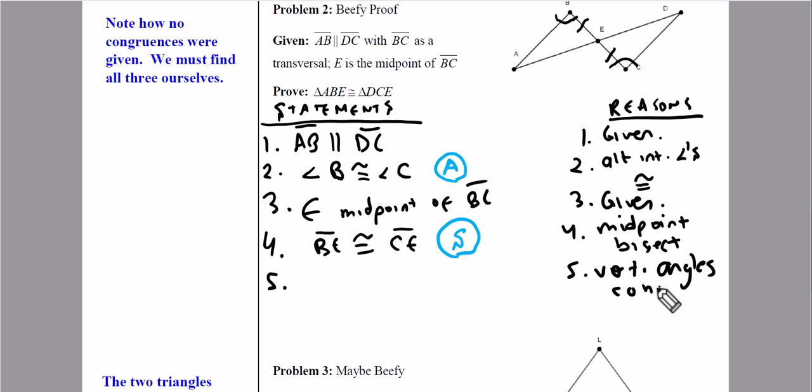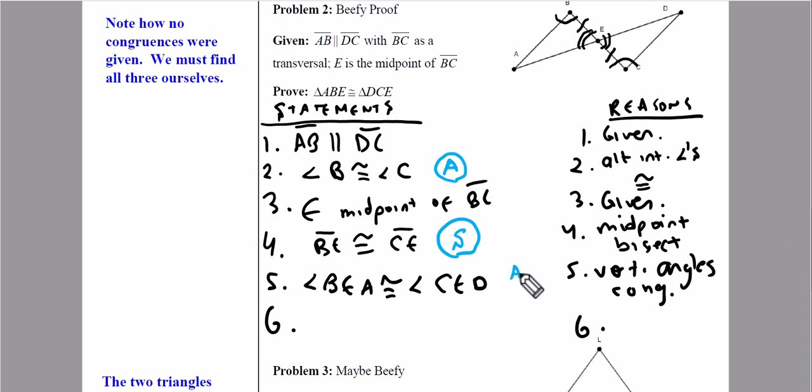Vertical angles are congruent. Do you see that right here? Wow. Okay. So angle BEA is congruent to angle CED.